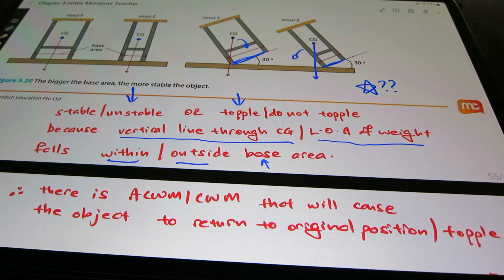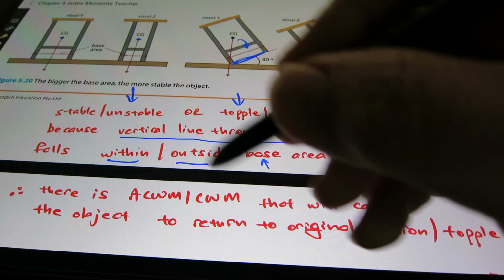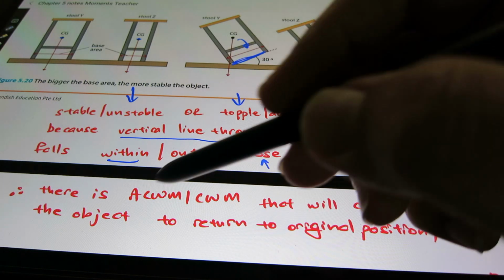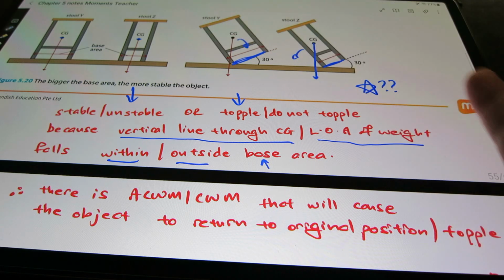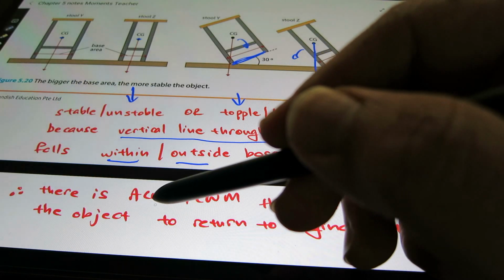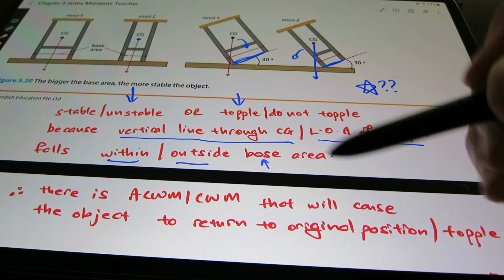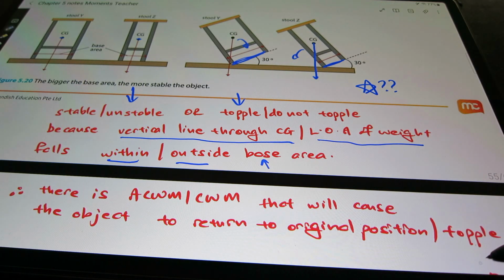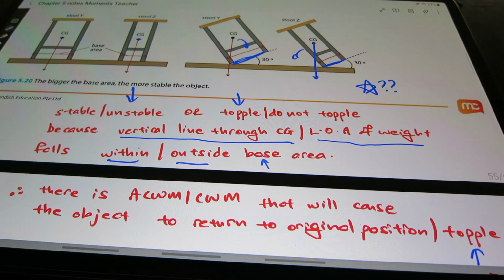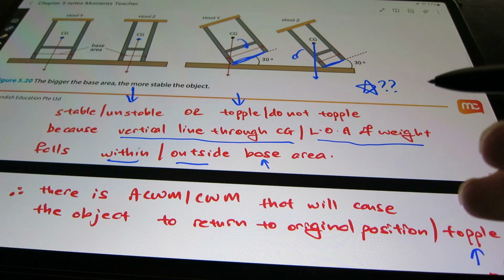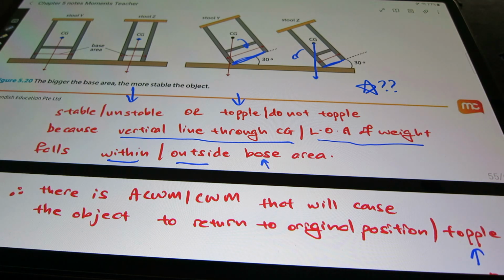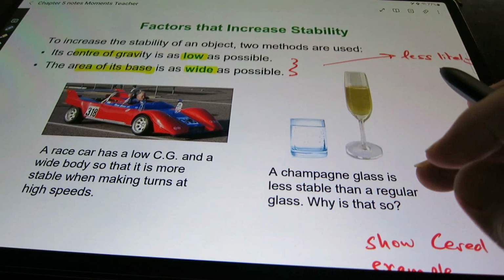When it's outside the base area, then there will be a certain moment, depending on the question, whether it's rotating this way or the other way. It's an anti-clockwise or clockwise movement that will cause it to either return or topple. So this is how you would answer a question where they ask, will the object topple or will the object return back to its original position?